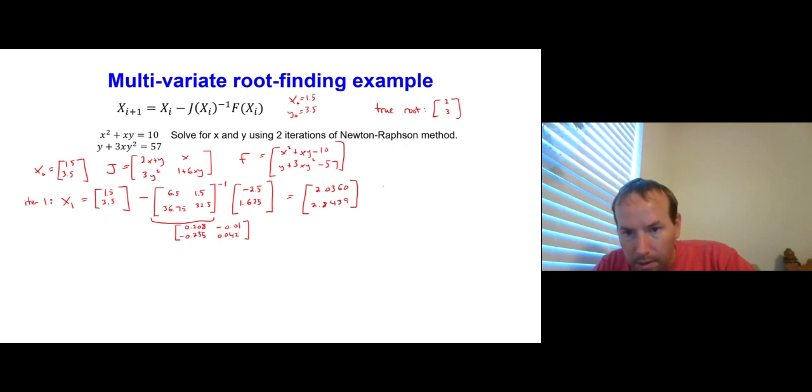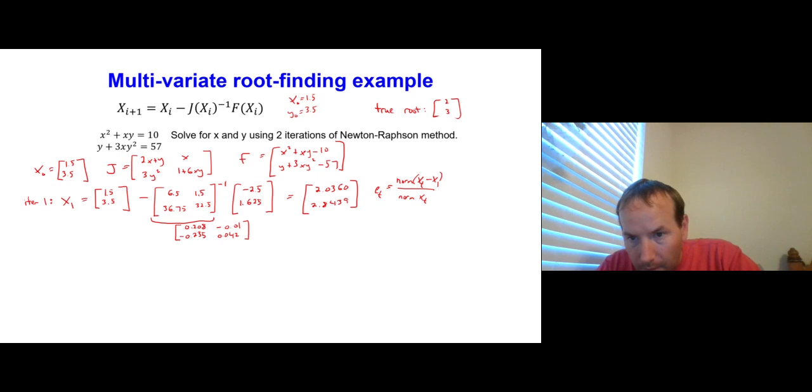The true error is the norm of x true minus our estimate, divided by the norm of x true, times 100, and that's what's equal to 4.4%.